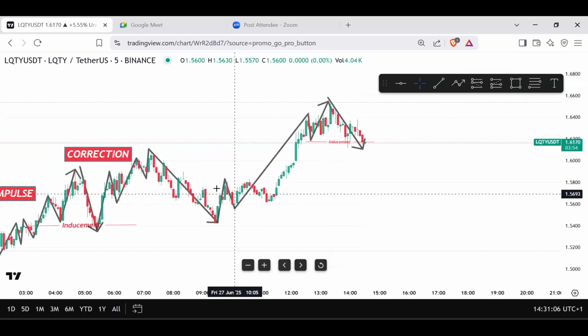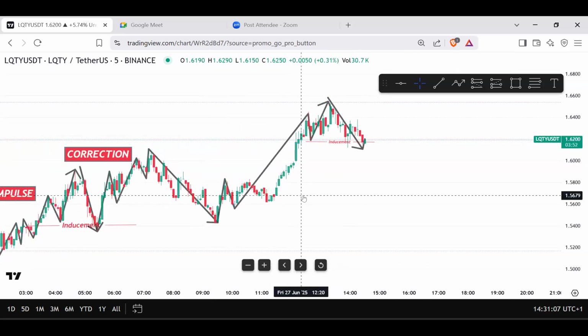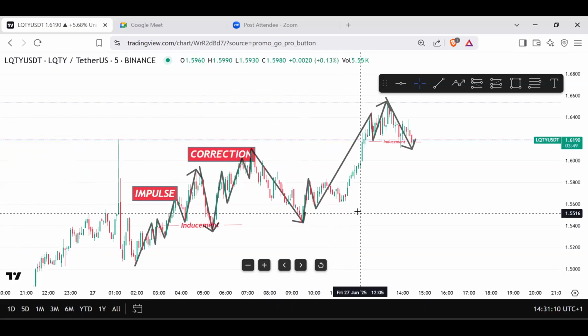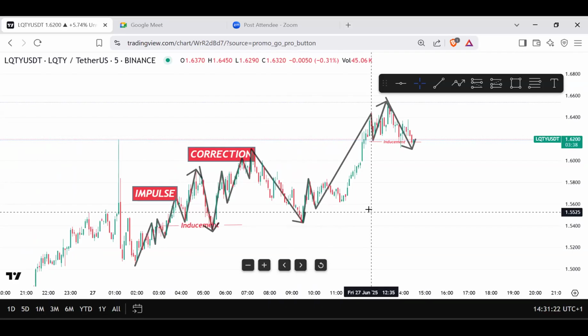The market is always moving in this way. In fact, you can just say it's impulse and correction. The inducement is something that we are just assessing, and it can keep on changing. Inducement is just to help us know when.